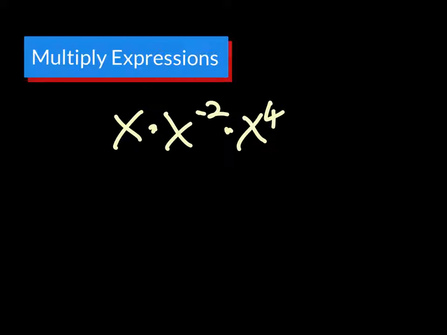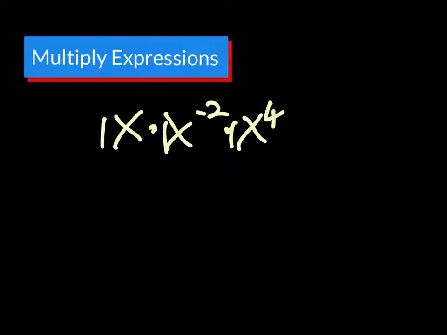Similarly, the dot sign means to multiply. And we said the first step is to multiply the numerical coefficients. In this case, there is no number for the variable, so the coefficients are just 1, and you could multiply 1 times 1 times 1 if you want, which just gives you 1. And you could write the 1 if you want, or you don't have to. That's fine too.